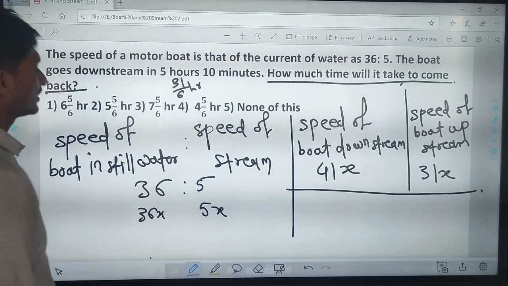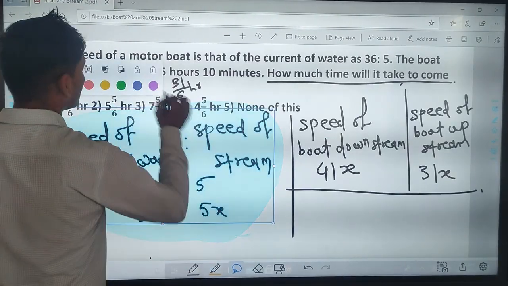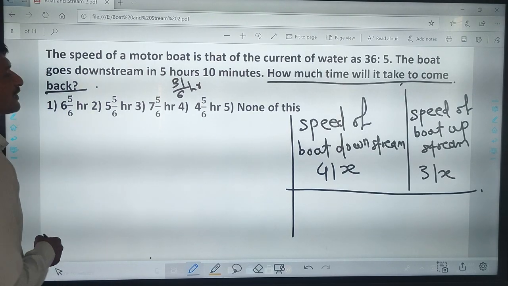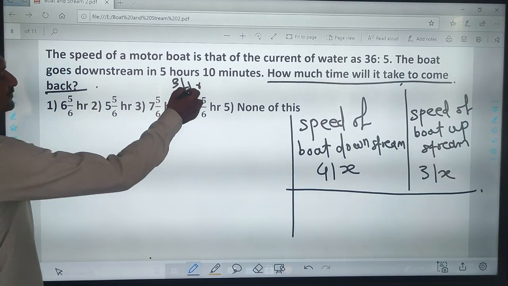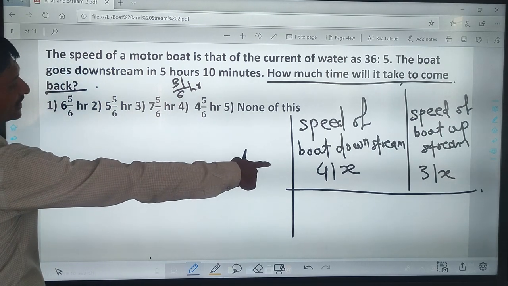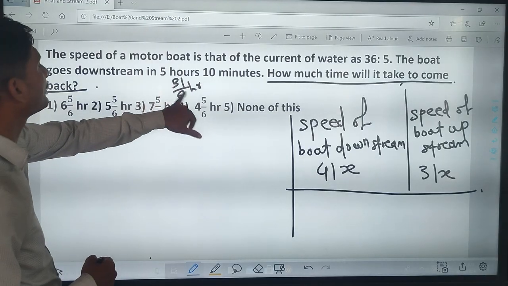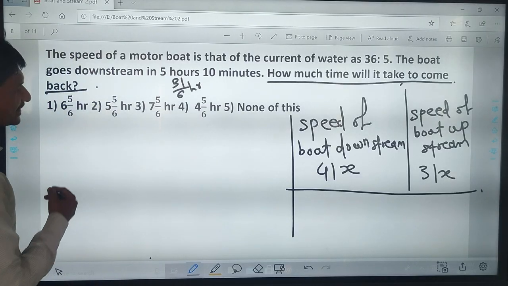The boat goes downstream in 5 hours 10 minutes, which means 31 divided by 6 hours. Downstream speed is 41x and total time is 31 divided by 6 hours.